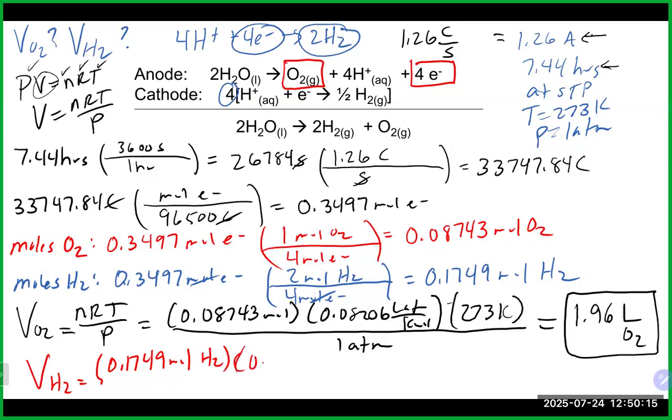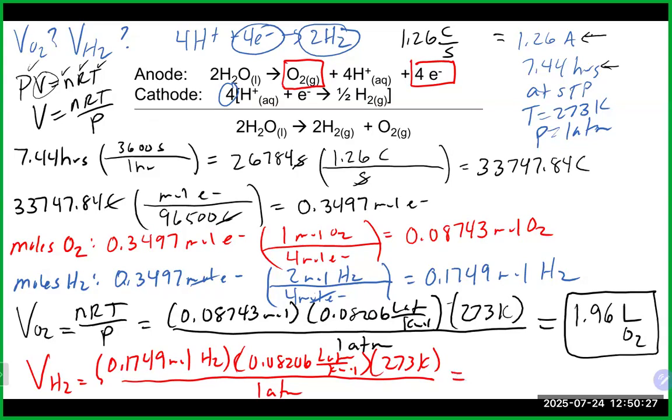Our R, 0.08206. Our 273 Kelvin. And once again here, all divided by 1 atmosphere. Everything cancels out except for liters. And we end up with 0.1749 times 0.08206 times 273, and that's going to give me 3.92 liters of H2 in this case.